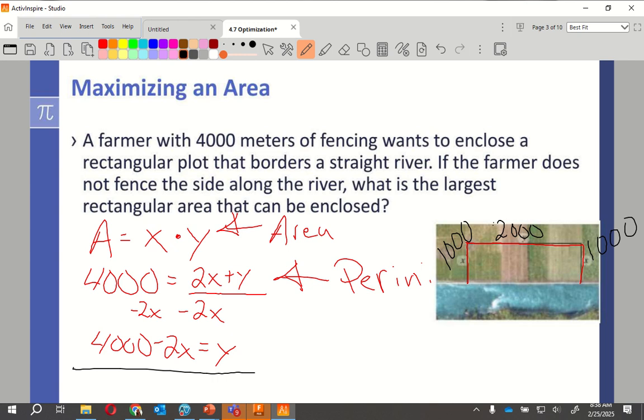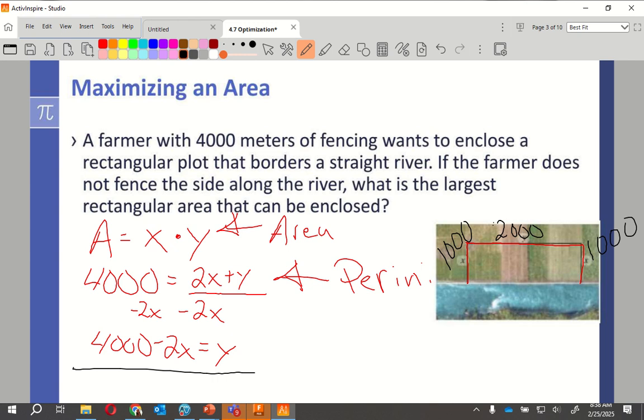Okay. Now, let's go back to what it's asking for. The farmer does not fence inside along the river. What is the largest rectangular area? So did we answer the question yet? No. I got the measurements. I need to find the largest area with this now.